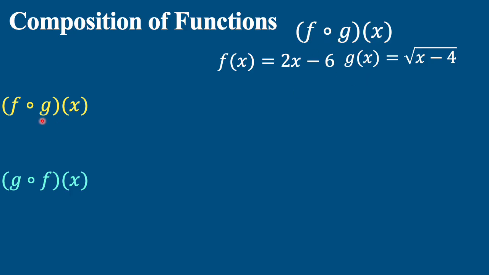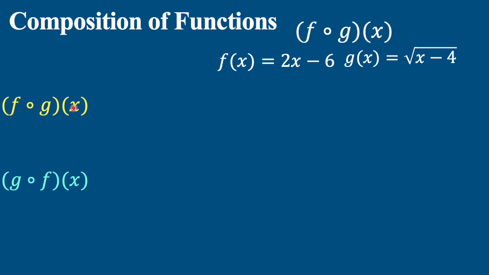We discussed the order of composite functions in the previous couple of slides. Make sure when you see the notation of a composite function, you know which function goes first. The top one goes to g first, the input. The second one goes to f first.